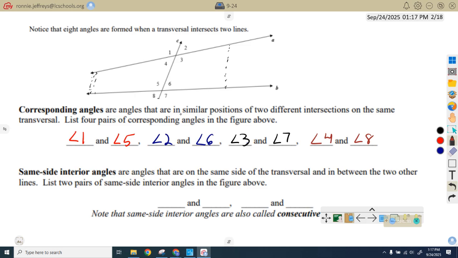If you look at those, here's 4 and 8. It's literally that spot, just on a different street.